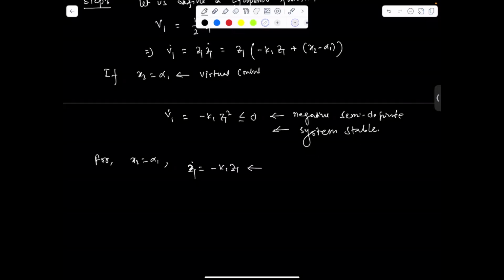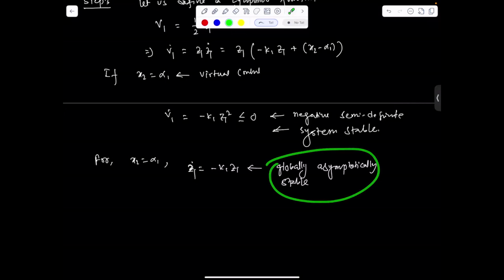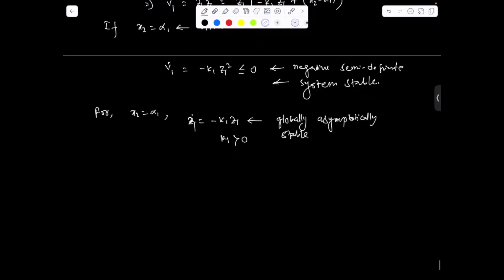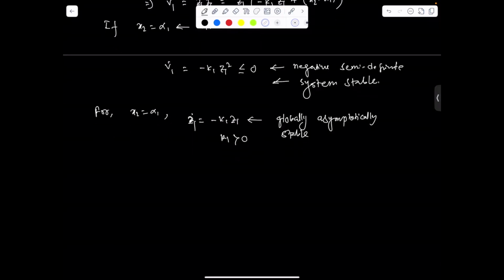So this is basically globally asymptotically stable. This definition we covered in our previous lecture, what is a globally and asymptotically stable system. And why is it stable here? Because K1 is always positive. K1 is positive here.